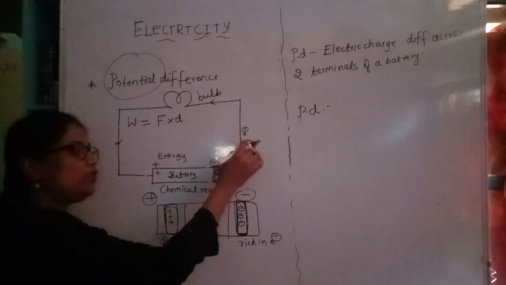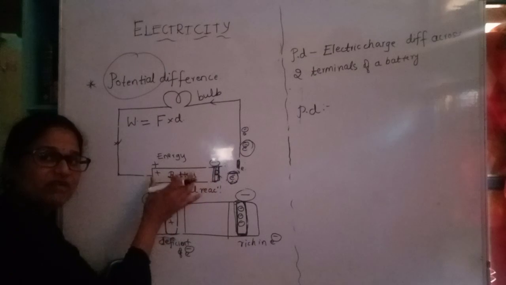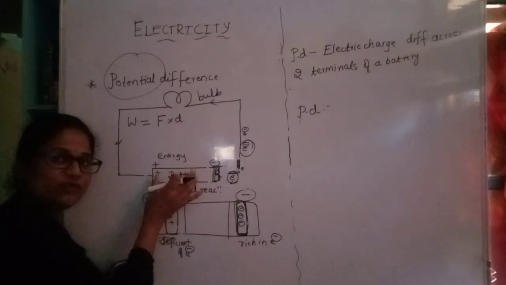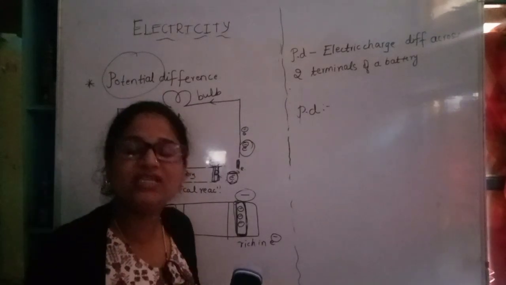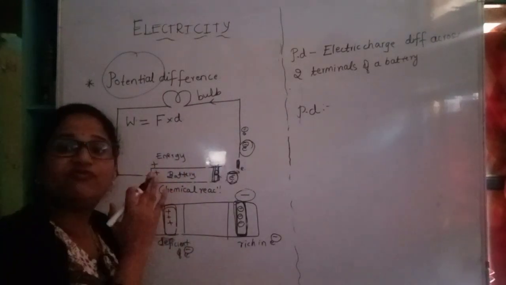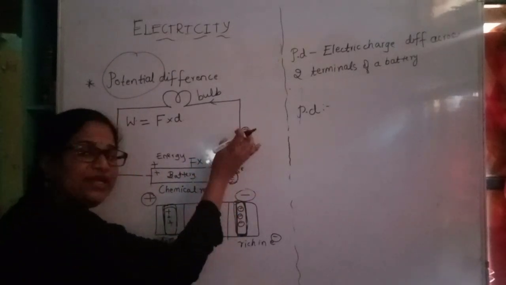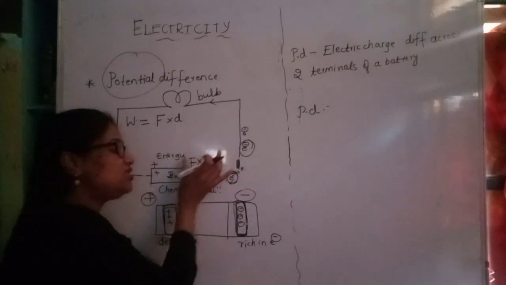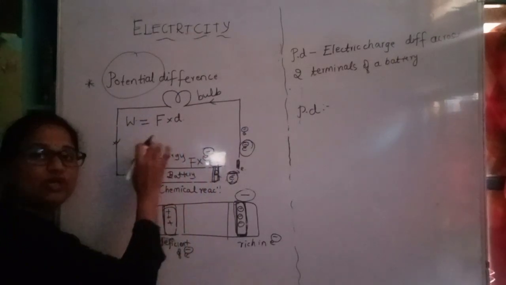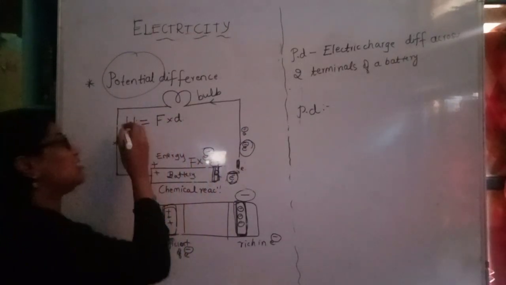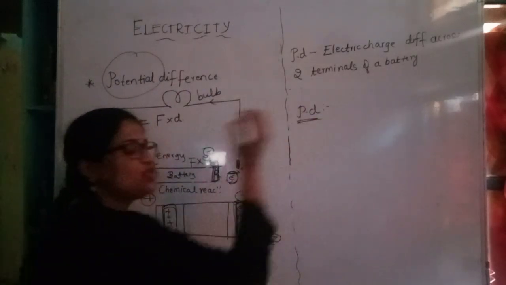The electrons will be moving, they will be changing their place. The force will be from the battery, the external force. How does that force come? That is due to the chemical reaction inside the battery, which creates some force. So this force into the displacement of the electrons causes some work done. That work done is nothing but the potential difference.